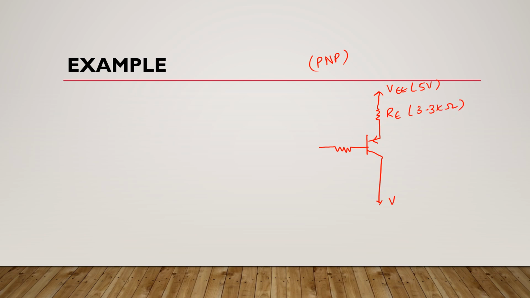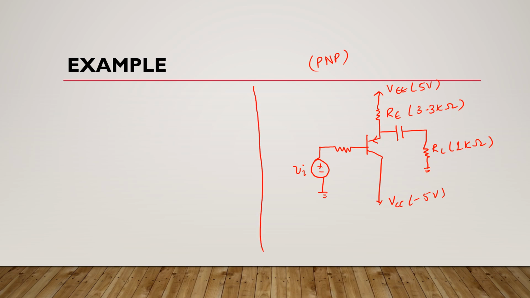Here we have VCC which is minus 5 volts, and suppose here we have an AC source which is VI, and here we have a capacitor which is connected to a resistor RL which is of 1 kilo ohm. Okay, so how you are going to start your analysis? This is RB, and suppose it is 100 kilo ohms.